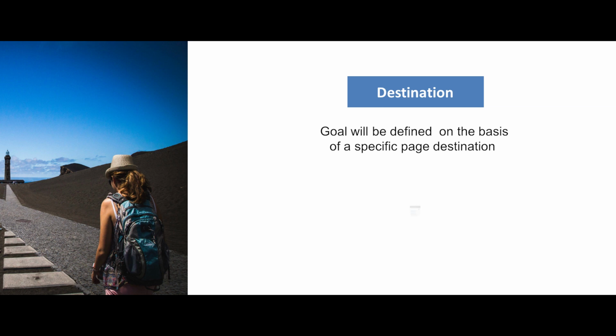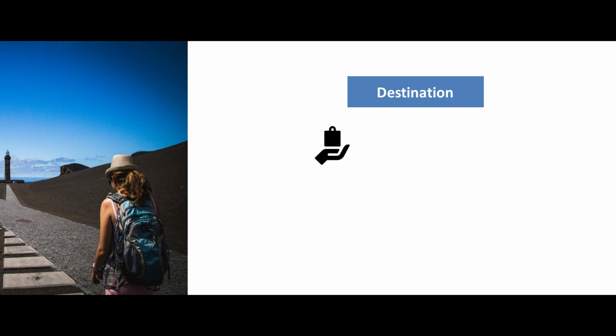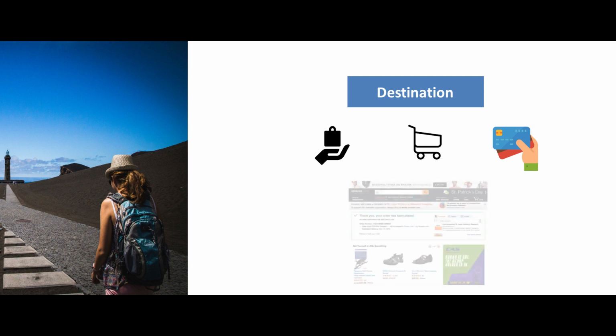If a user reaches this page after performing some activities, then you will see that your goal has been achieved. For example, a user is browsing a few products from your website. He adds one product to the cart and makes the payment. After this, there is a thank you page for buying the product that will be visible to your customer.